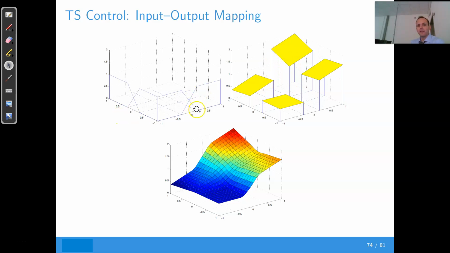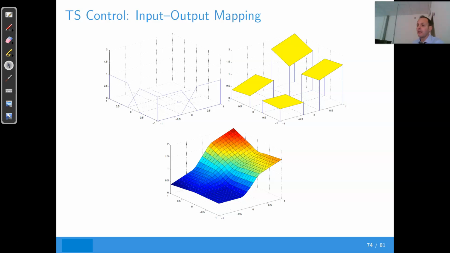Here you can see the combination. So when you are here is a plane, like here, like here, like here, but in the middle, so during the transition between here and here, for example, or this region to here, this region to here, you have a smooth transition. Because this is the advantage.